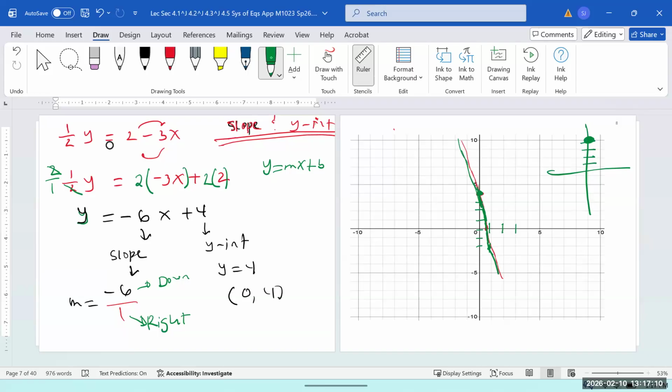You go from up-down to left-right. So the top says go down 6 units. So down 1 unit, down 2, down 3, down 4, down 5, down 6 units. Then from that position, the denominator says go 1 unit right. So from this position, go 1 unit right, and then connect the 2 points.